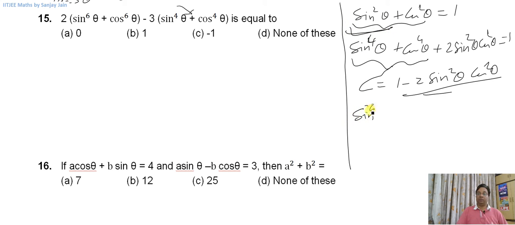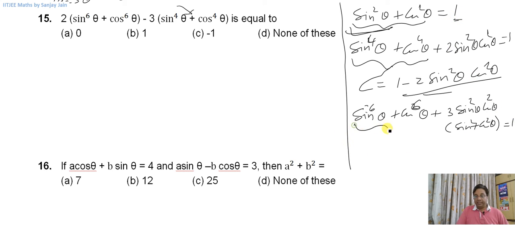So sine raised to power 6 theta plus cos raised to power 6 theta plus 3 sine square theta cos square theta, and then sine square theta plus cos square theta in the bracket, and let us put it equal to 1, because if I cube the right hand side it will still give me 1.